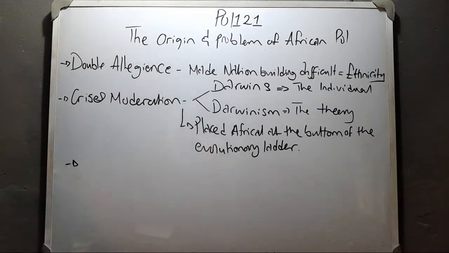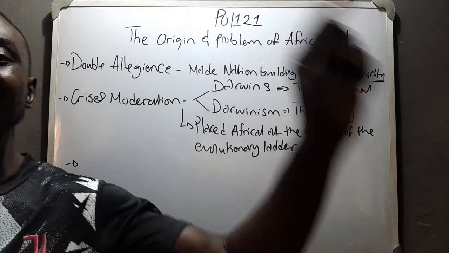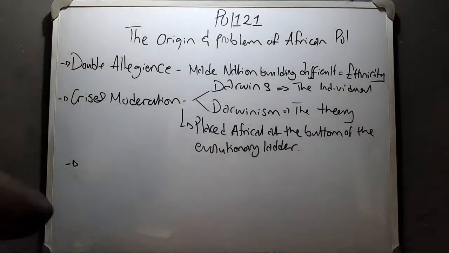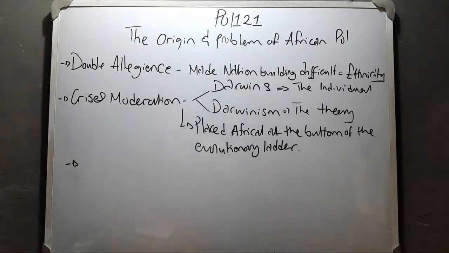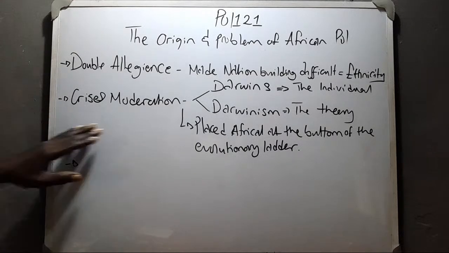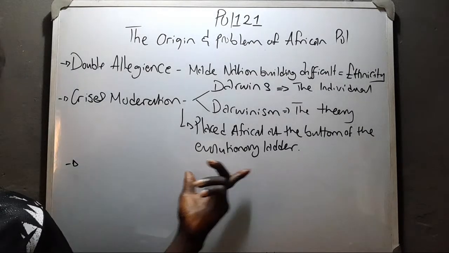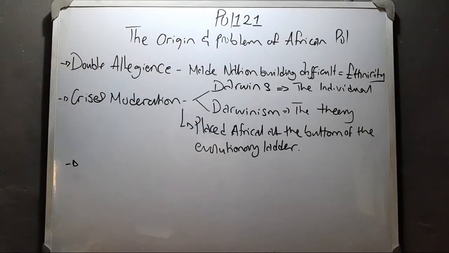So now, getting this capacity is used as a bait to indirectly enslave Africans. Now, it says here, limited capacity of institutions and the expanded level of political mobilization. So, that's what Darwin says. That's why he placed Africans at the bottom of the evolutionary ladder, according to his theory.